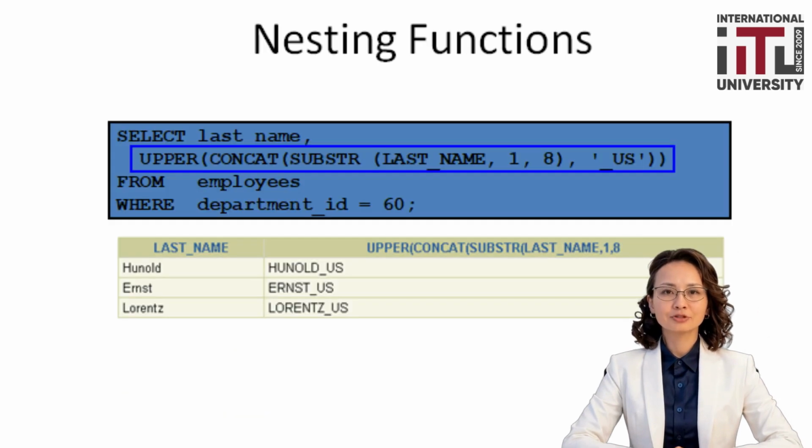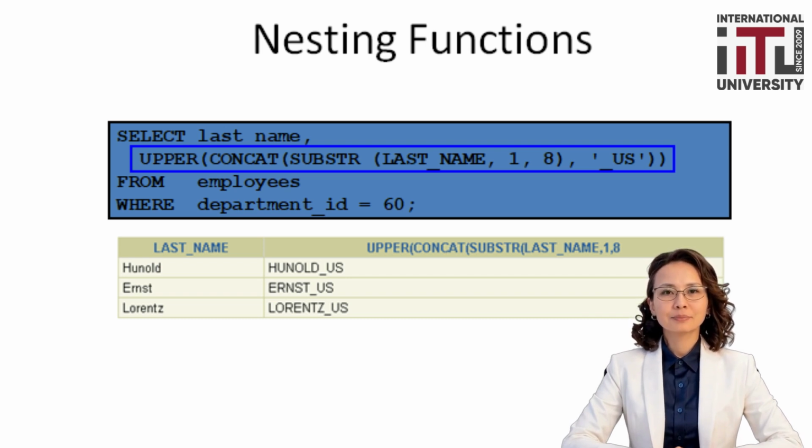This example demonstrates how nested functions are used together in a single SQL expression to transform data step by step. In the query, three functions are combined: SUBSTR, CONCAT, and UPPER. Oracle evaluates them from the inside out. First, the function SUBSTR(last_name, 1, 8) extracts the first 8 characters of the employee's last name.